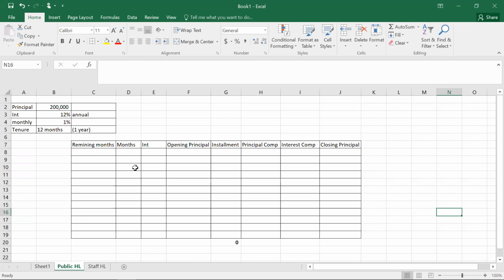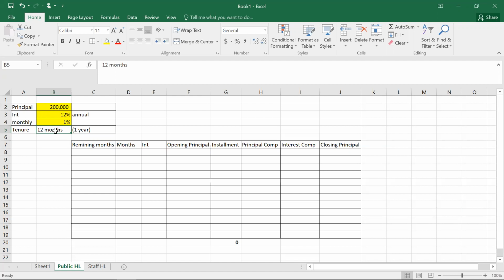So this is the loan that the client or customer has taken, of 200,000. The annual interest rate is 12%, so it works out to a 1% interest rate for the month. The tenure of the loan, for example, is 12 months. Generally the housing loan tenure is 20 years or 30 years, that is 240 months or 360 months.